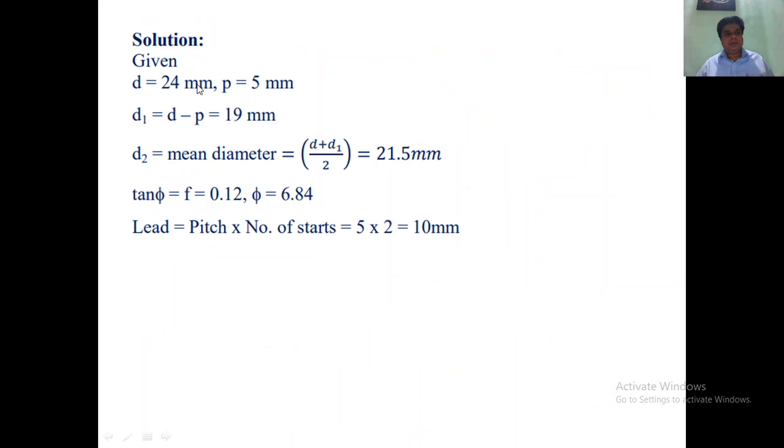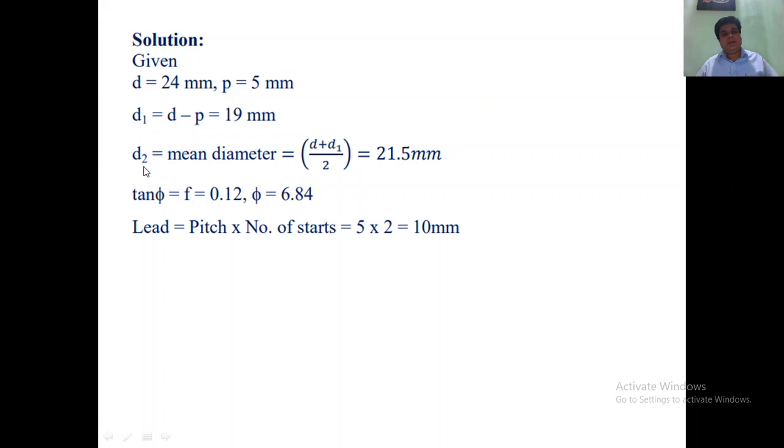So here, to begin with, let us take the given data and understand what it is. The diameter D is given as 24 mm. This is the outer diameter of the screw thread, D1 is the inner diameter of the screw thread, and D2 is the mean diameter. So D1 will be D minus P, so 19 mm, and D2 will be the mean diameter.